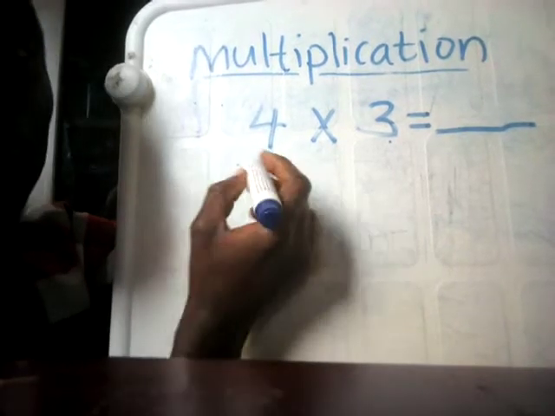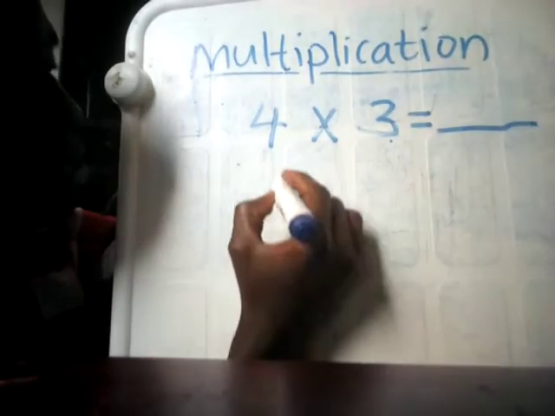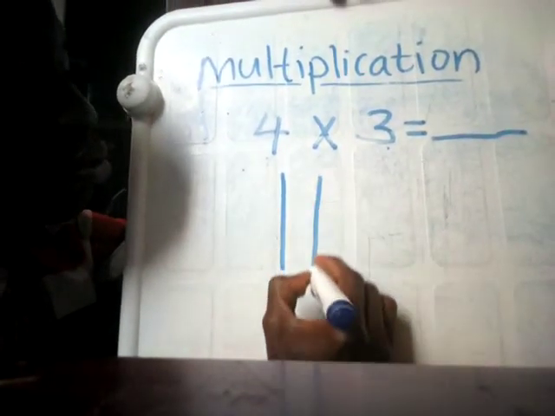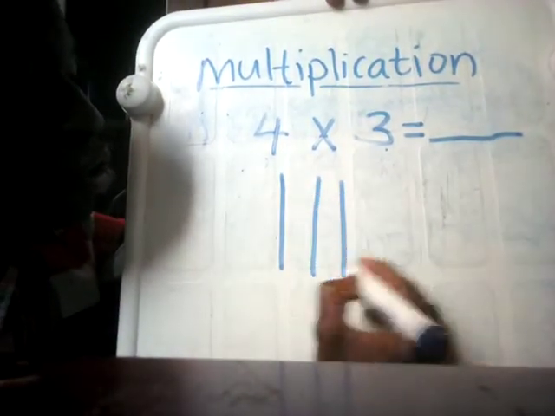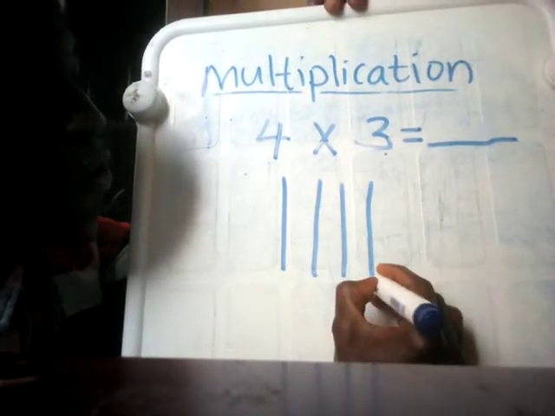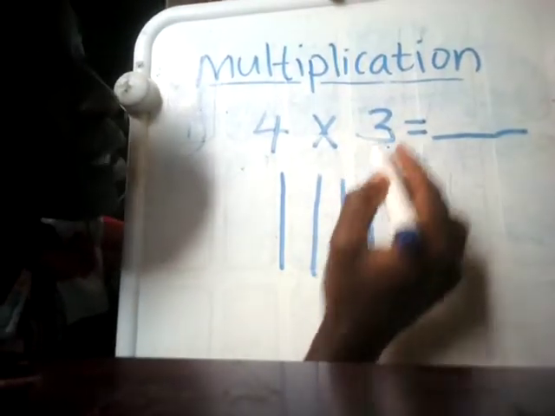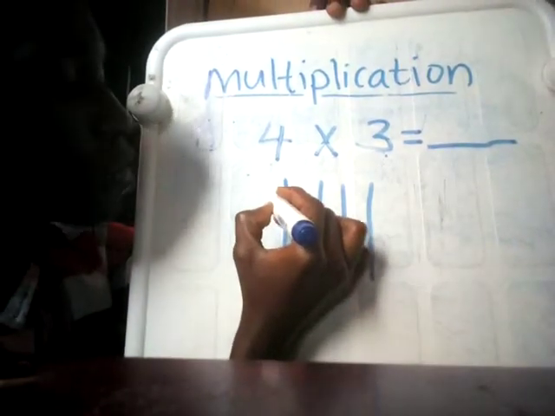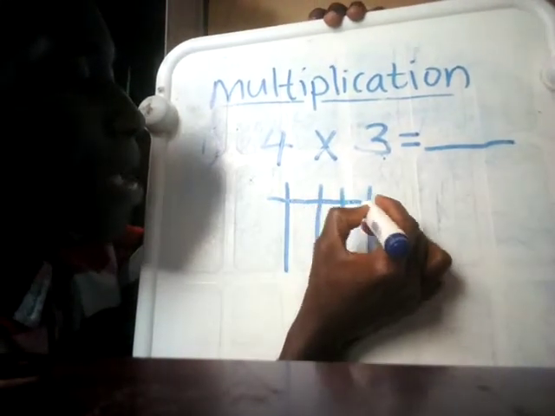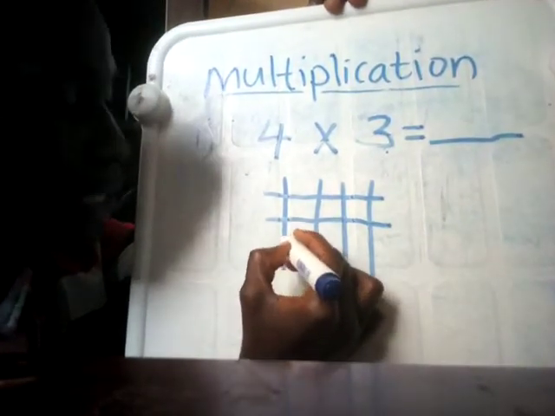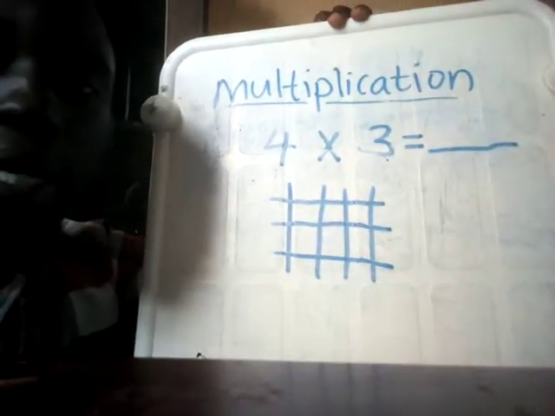So here we'll have 4 columns. So let's do the 4 columns. 1, 2, 3 and 4. Then we have 3 rows. The rows are 3. So we do 1, 2 and 3, like that.